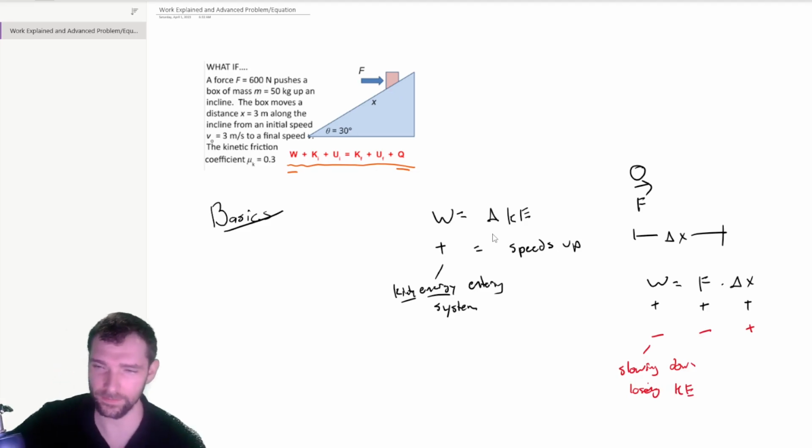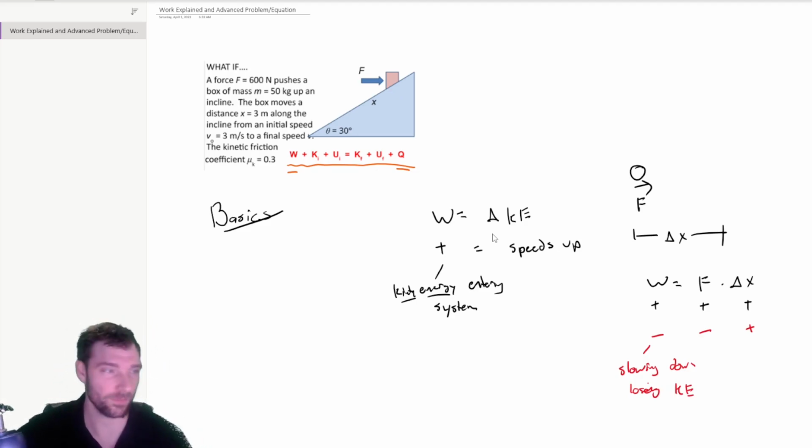That's another way of thinking about this. So if there's a ball that's moving sideways and there's friction being applied to it, that would do negative work. Therefore, it would slow it down and cause a loss of kinetic energy.